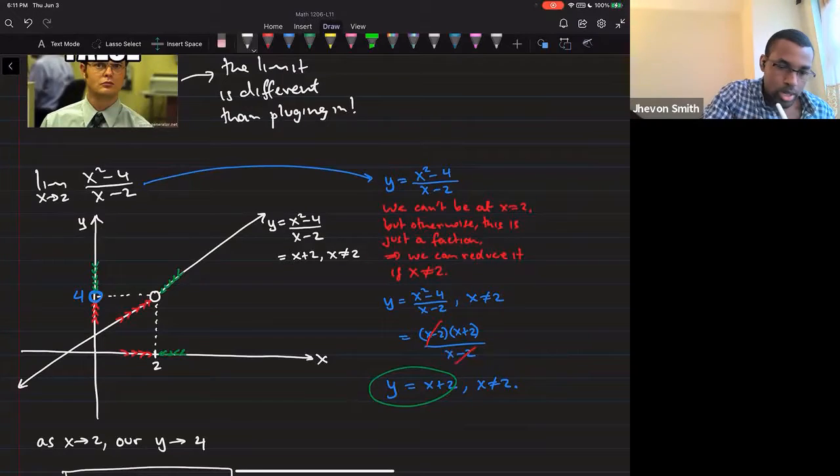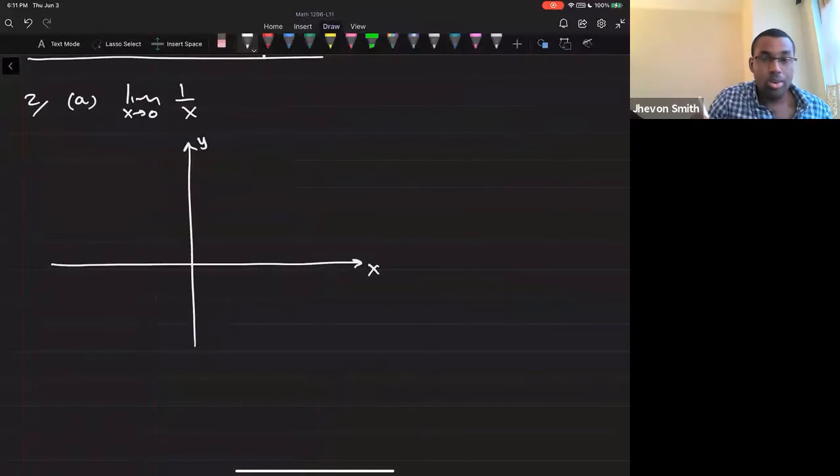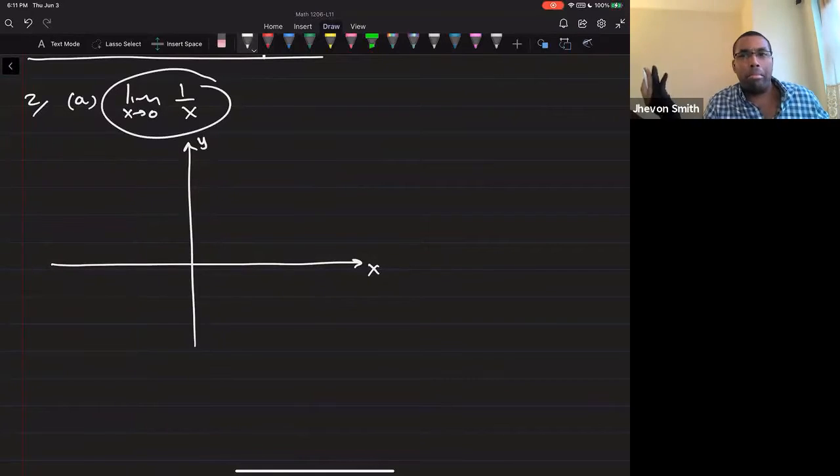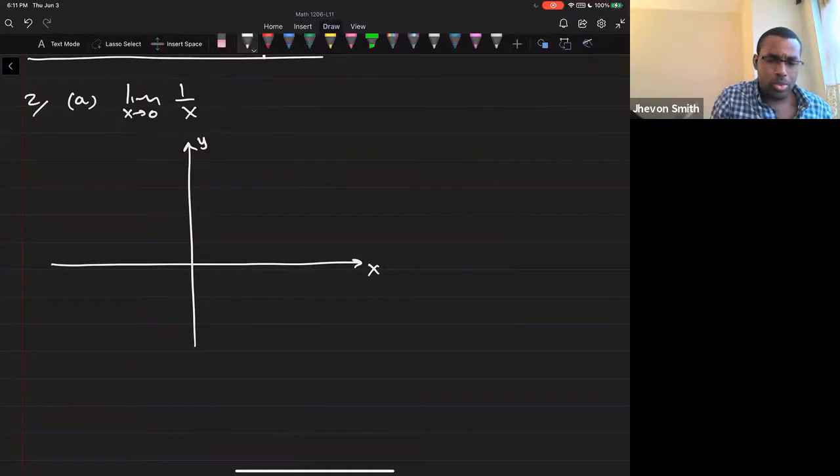However, in this situation, you should note that we don't have such an option. How are you going to simplify that? You can't really simplify anything. So we're not in the situation where we can do that trick. So what we can do is look at the graph. The graph of 1 over x is a graph that I expect you to know by heart.